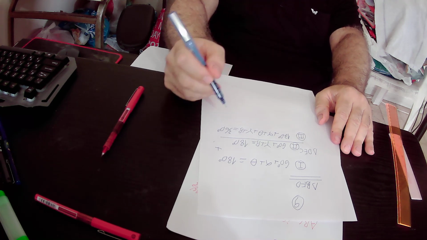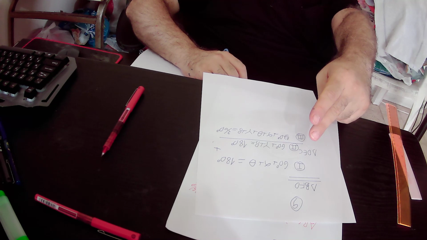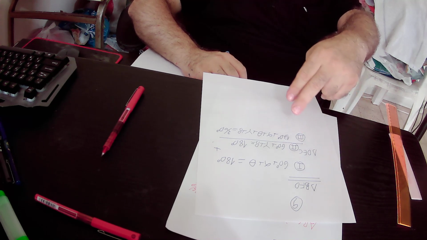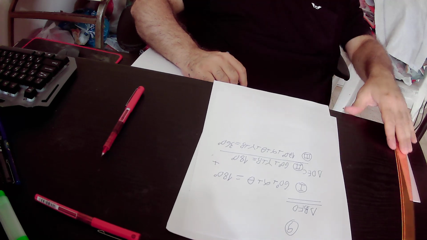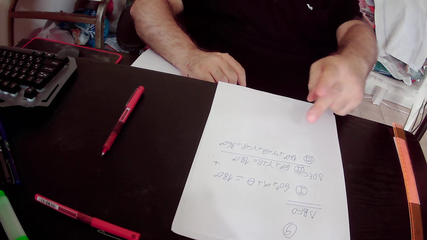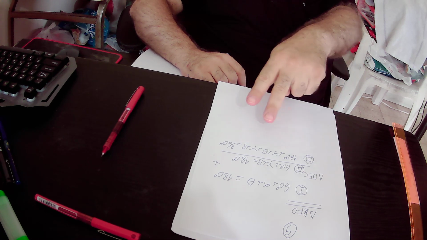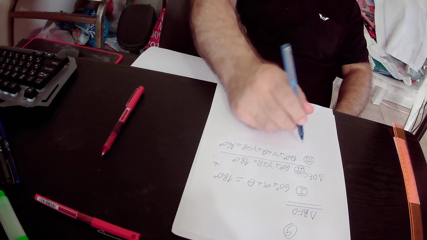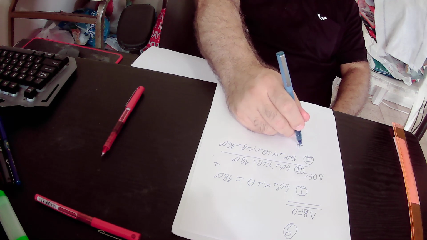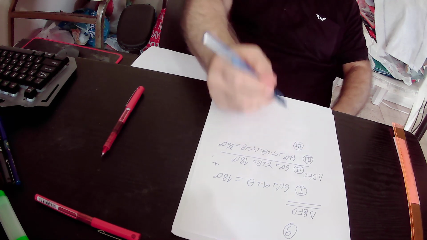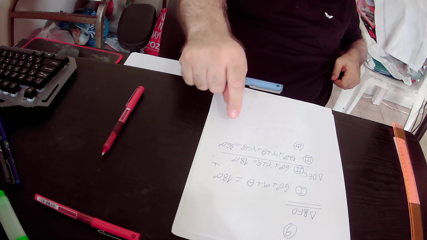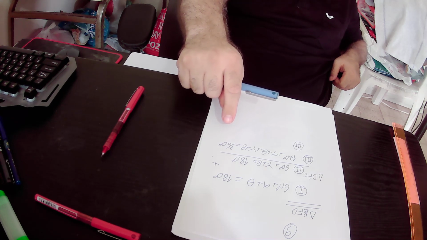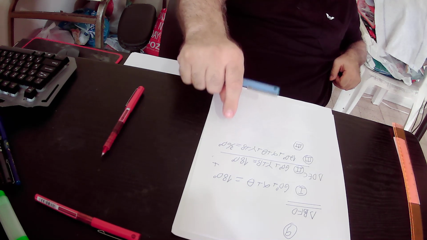Okay, so we added equation number 1 to equation number 2, and we created equation number 3. In equation number 3 we can subtract 120 degrees from both sides of the equation, and we will get that alpha plus theta plus gamma plus beta equals 360 degrees minus 120 degrees, which equals 240 degrees.